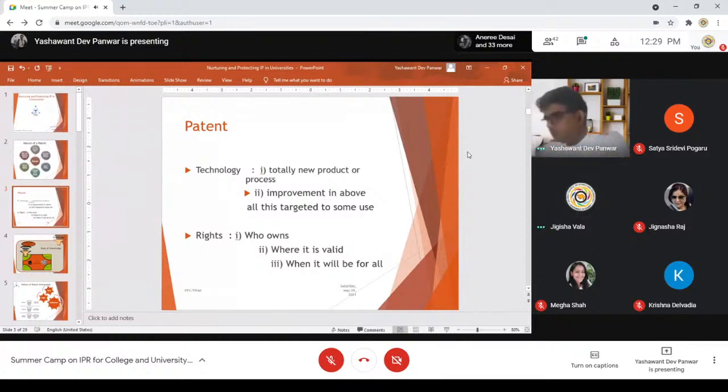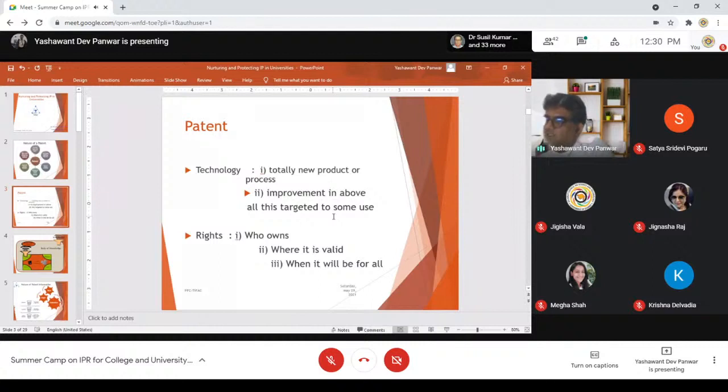And then what all improvements take place in those technologies are also part of these patent documents. And then as far as legal rights are concerned, who is owning the patents, where they are valid, and when they will be available for commercial exploitation.